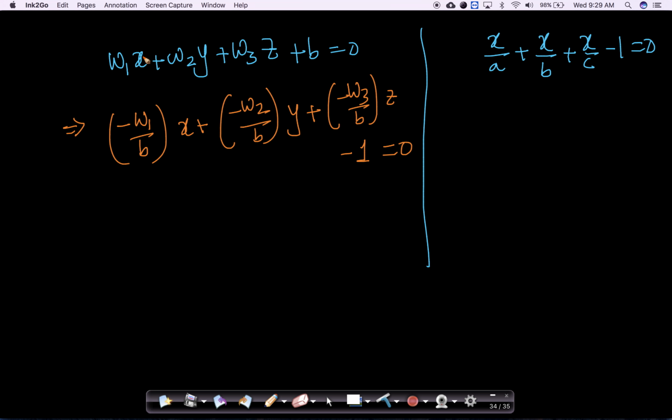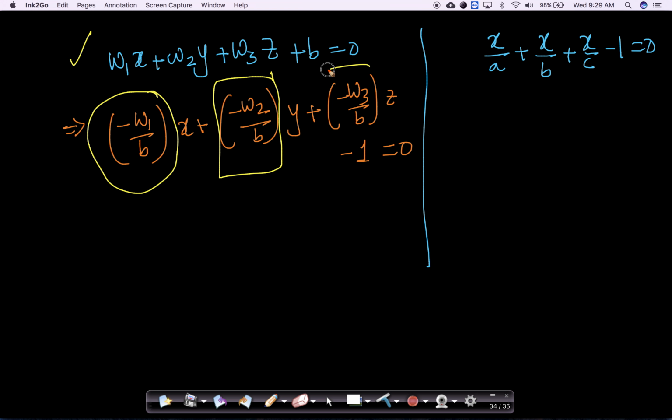What have I done here? I've just multiplied both sides by -1 and divided both sides by b. That's all I have done. Now if you look at this equation, this is where the fun begins. This is the same as the 1 by a that you have here. So if somebody gives you the equation of the plane in this form, you can convert it into this form.